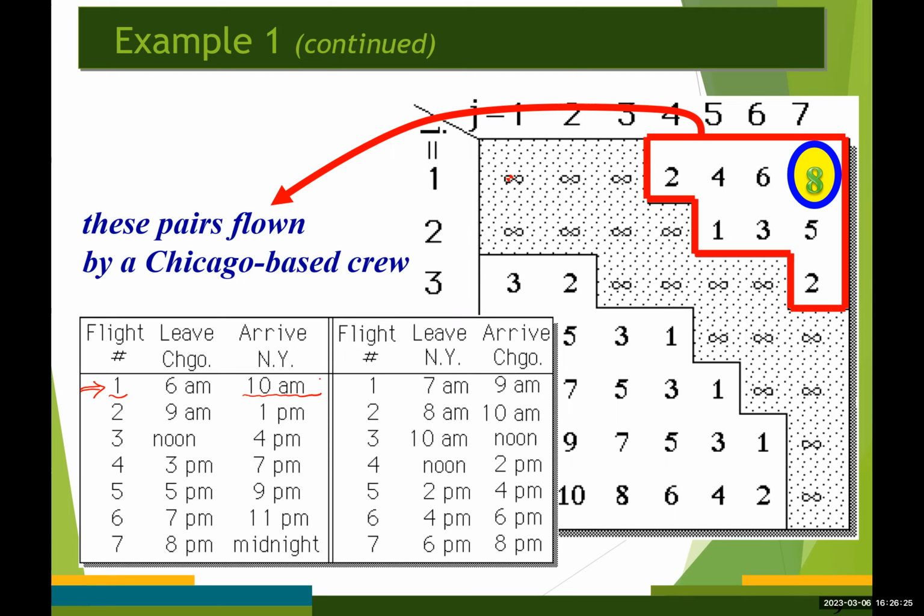And he will take flight number 7 at 6 o'clock in the evening to come back to Chicago, okay? So in this case, the layover time would be 8 hours, from 10 o'clock in the morning until 6 o'clock in the evening. That's why the layover time of 8 hours has been obtained for this pair, okay?